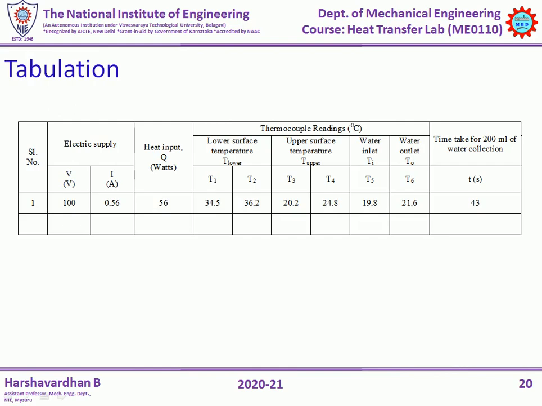Now the observed experimental values should be recorded in this tabular column. We had set the voltage to 100 volts, current to 0.56 amps, and heat input was 56 watts. By multiplying voltage and current, we can get the heat input or the power input to the electrical heater.